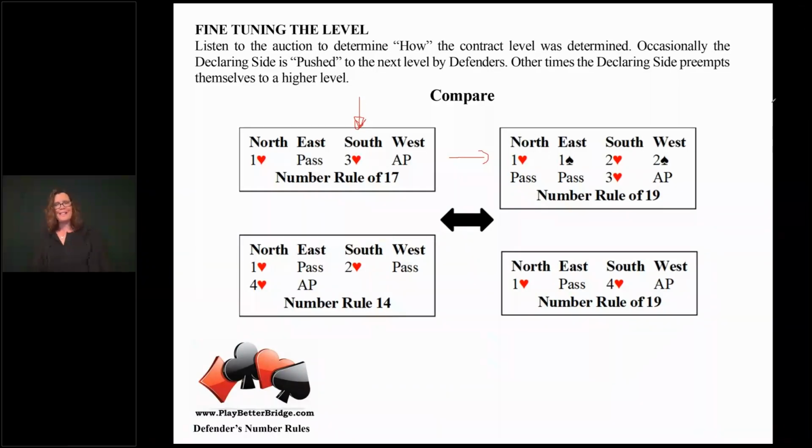So don't get tricked and subtract your high card points from 17 going, oh, well, they're at the 3 level, so of course it's from 17. No, you have to watch how did they get to that final contract. And here they were pushed. South didn't magically find more points. South showed a minimum hand, a 6 to 10 total point hand when they bid 2 hearts, right?